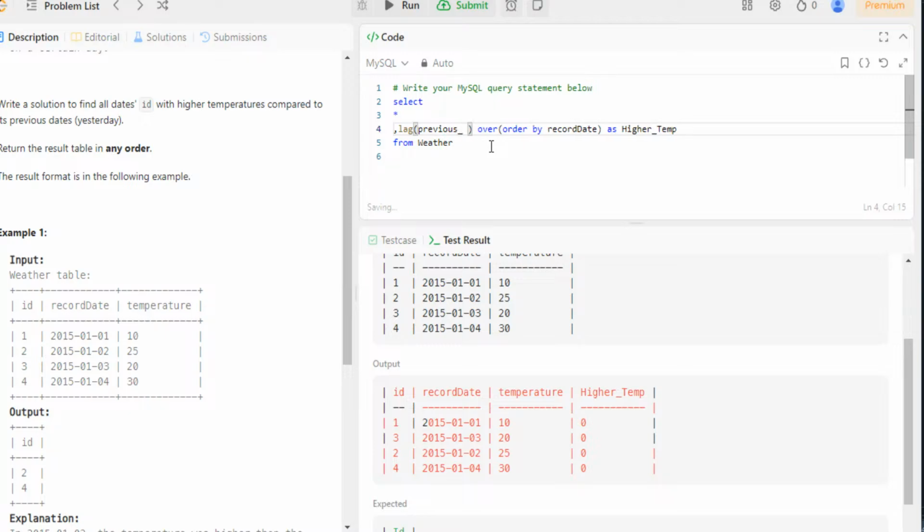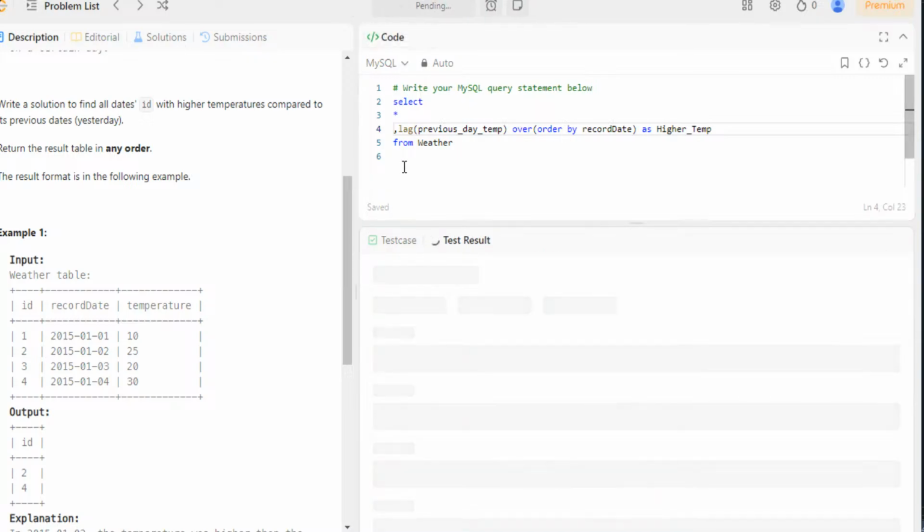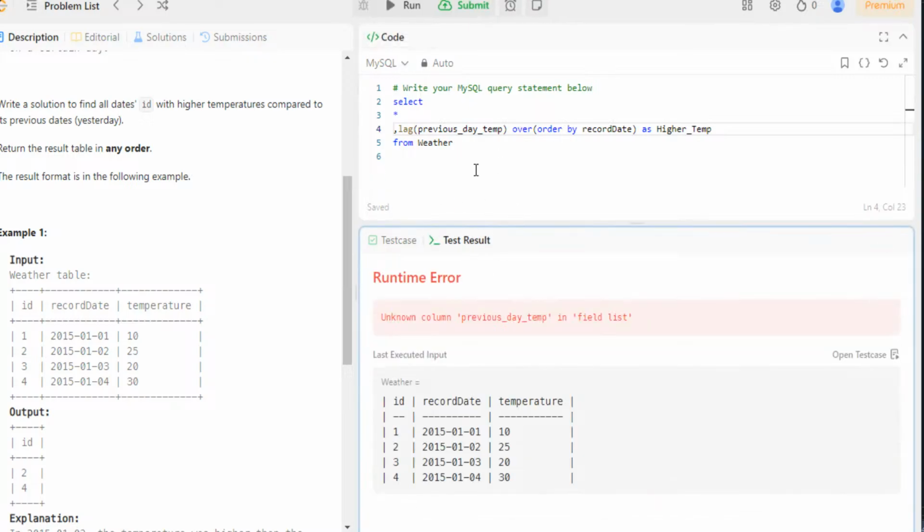Previous day temp. We're just going to see if we can get this to work. There's got to be a way we can put this all. Temperature as previous day temp.